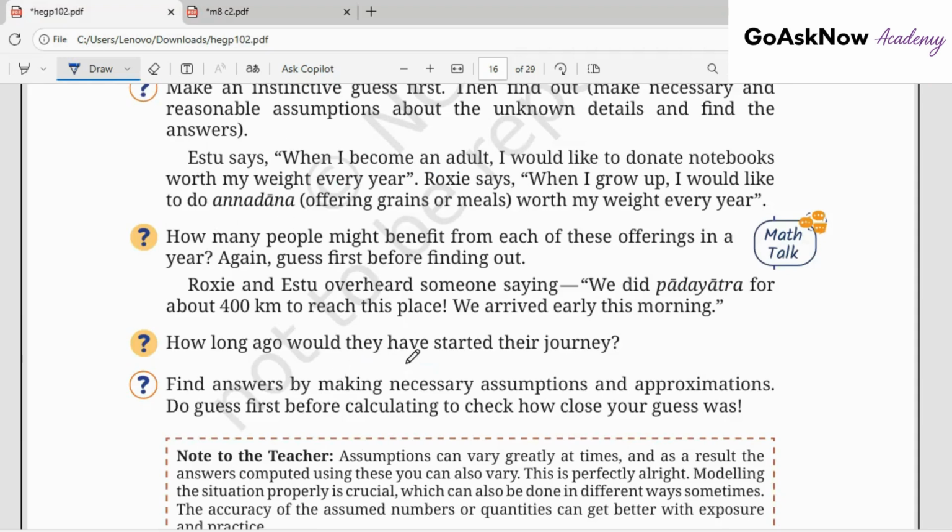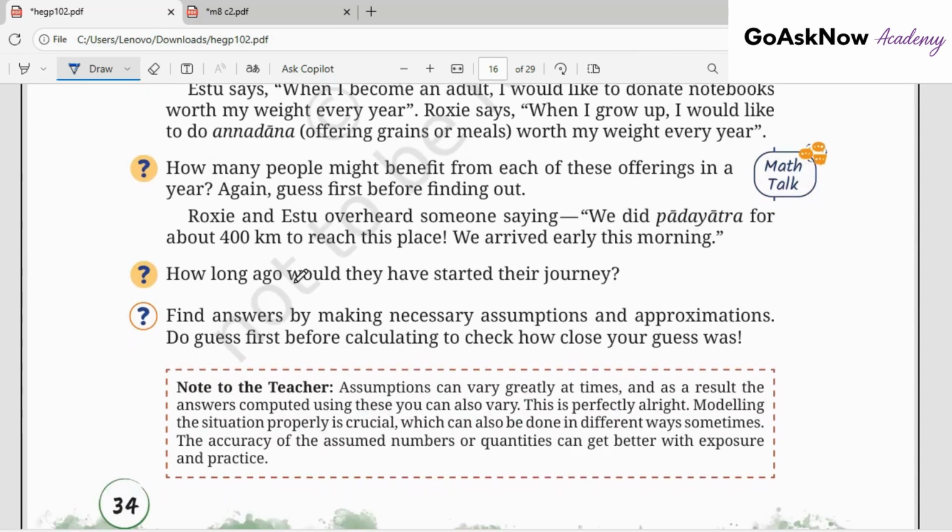Next, Roni and Ishu overhear someone saying, we did a padayatra of about 400 kilometers to reach this place. We arrived early this morning. How long ago would they have started?